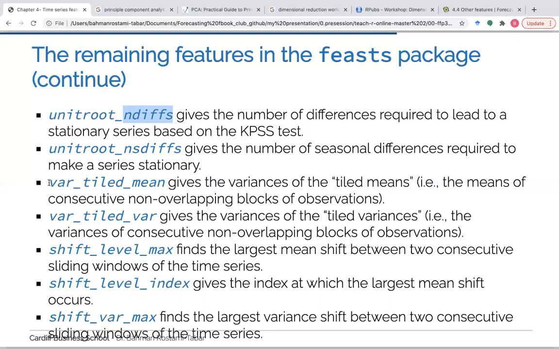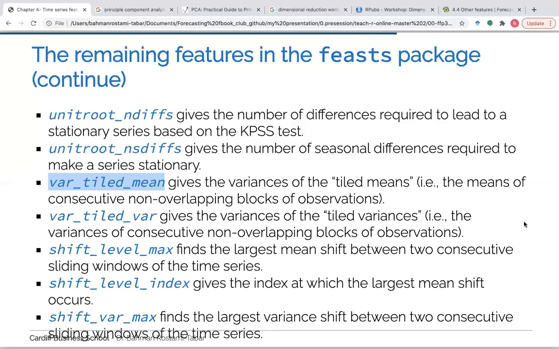So this function, var underscore tilde mean, gives the variance of the tilde means. What does that mean? We create consecutive non-overlapping blocks of observations, and we calculate the mean of each block.